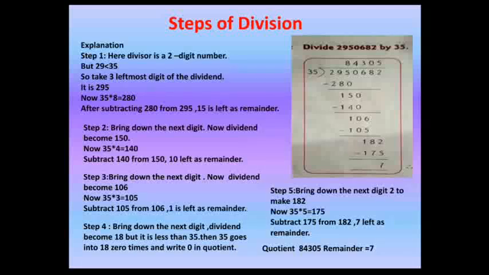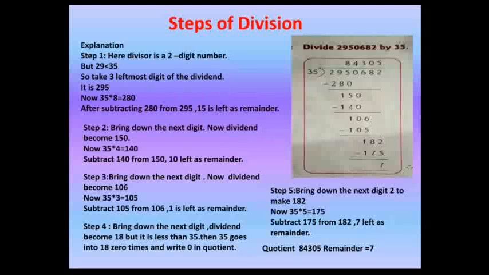Here the divisor is a 2-digit number, that is 35, and if we take 2 digits from the dividend, that is 29, 29 is less than 35. So it is not possible to divide 29 by 35. So we take one more digit of the dividend, that is 295.